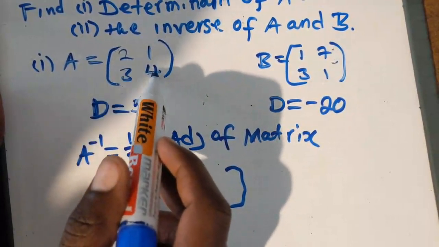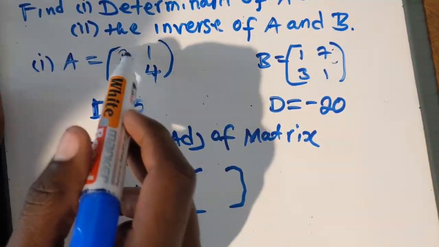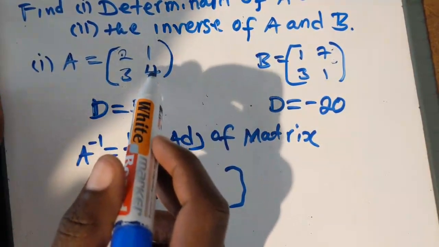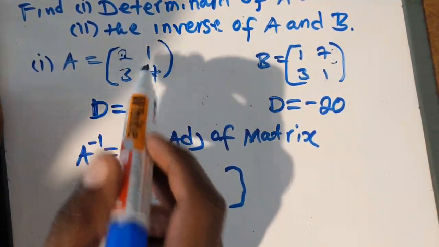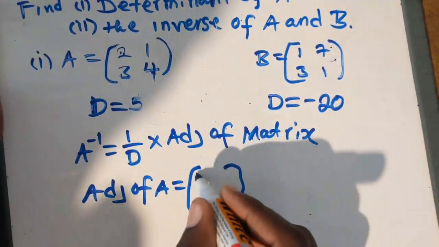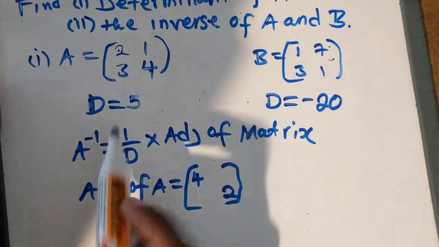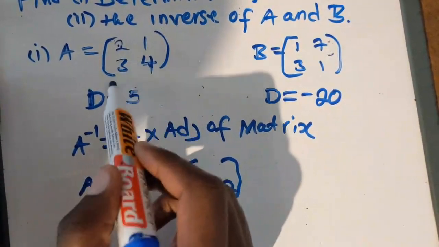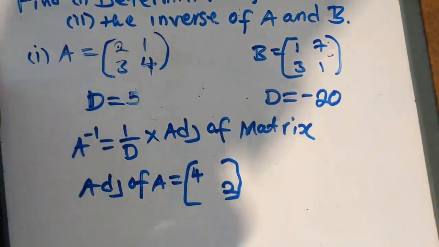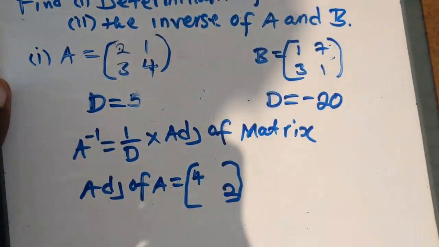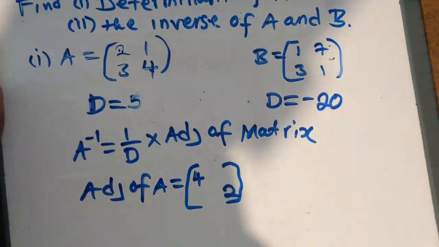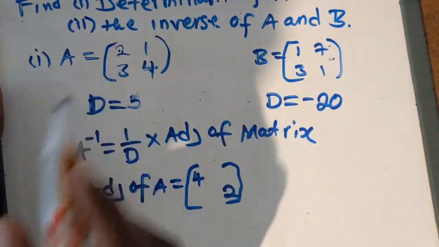So 4 will come here, then 2 will come here. Then for these other numbers, if they were negatives they will become positives, and if they are positives they will become negative.